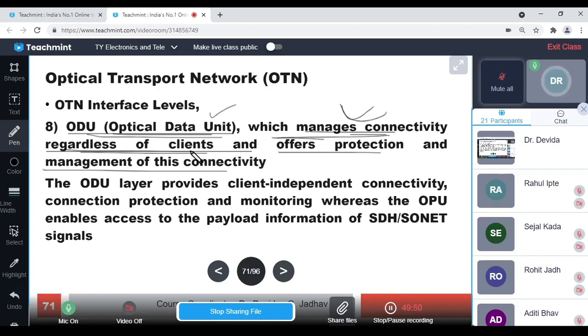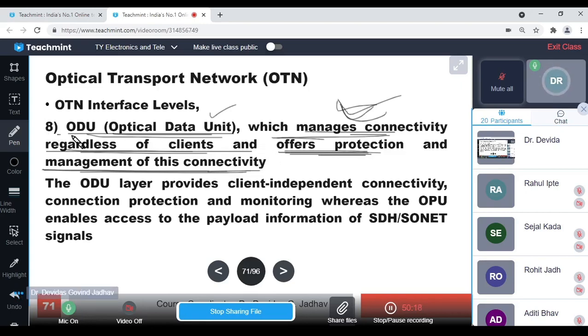Whatever the client configuration, specifications, and requirements are, regardless of that, it can manage the connectivity and offer protection and management of the connectivity also. This protection may be due to the error corrections.